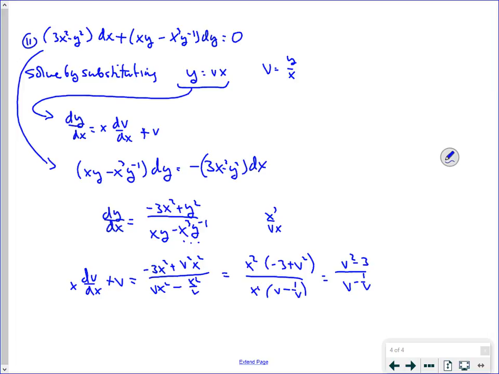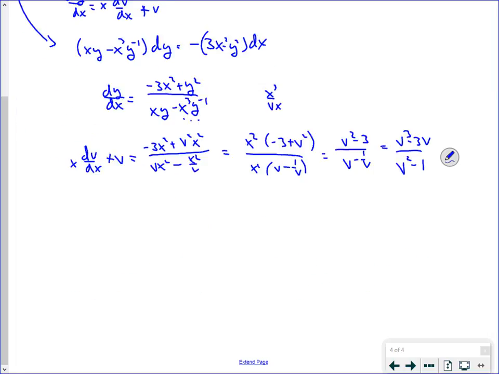This can be simplified a little more if you multiply by v on the top and on the bottom. I don't like these compound fractions. v to the third minus 3v over v squared minus 1. Okay, all right, let's take another look.